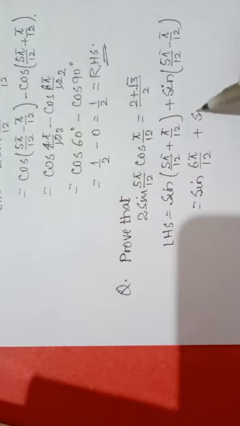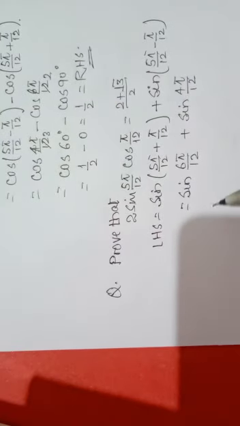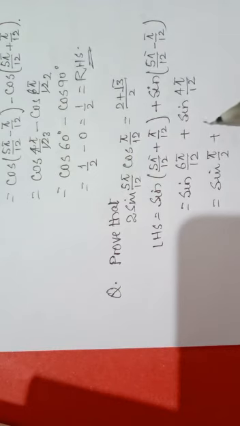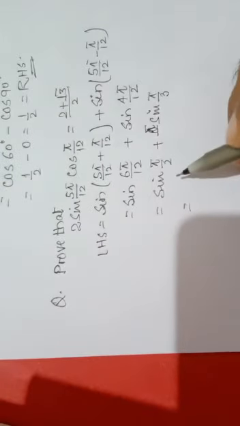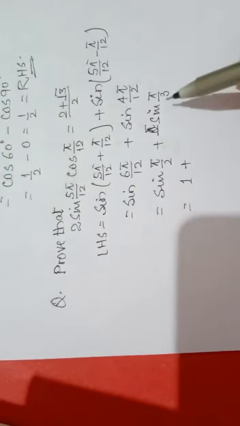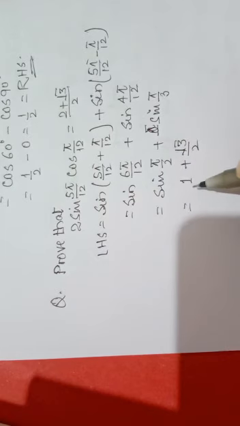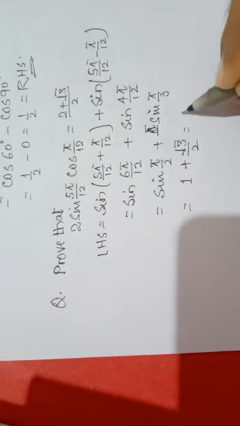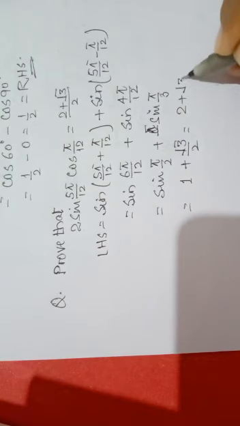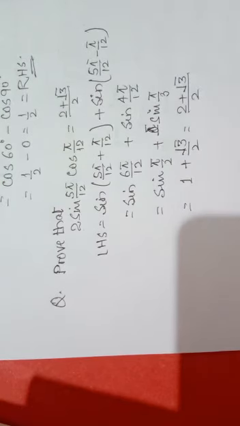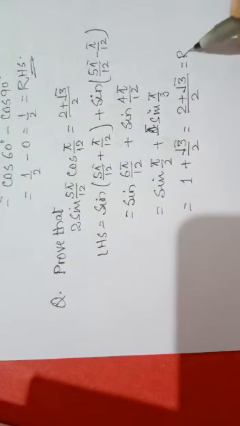Similarly, it is sin 4π/12. 6π/12 becomes π/2 and 4π/12 becomes π/3. Sin π/2 means sin 90 degree, and sin 90 degree is 1, plus sin π/3, which means sin 60 degree, which is √3/2. Taking the LCM, it should be (2+√3)/2, because 2 is the LCM, which is your RHS.